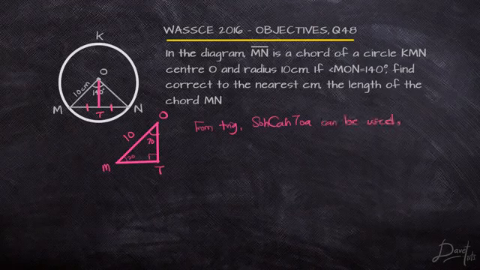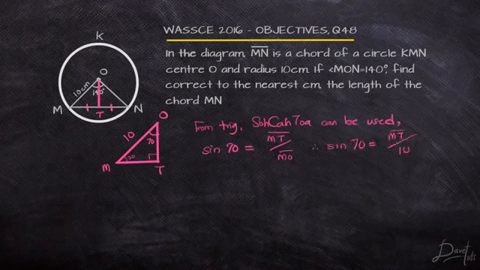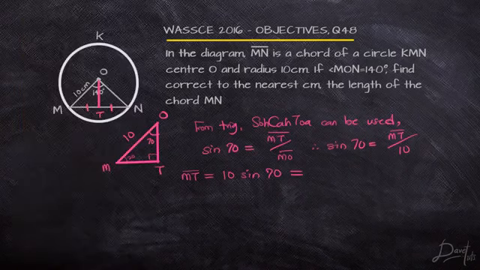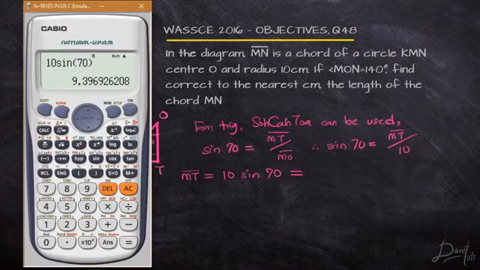Now, from SOHCAHTOA, we know that finding sin 70 is going to give us opposite over hypotenuse, and the opposite in this case is line MT. The hypotenuse is 10, and moving ahead to solve for line MT, we can see that it will give us 10 sin 70, and bringing our calculator, we can get the value of 10 sin 70 to be 9.3969.